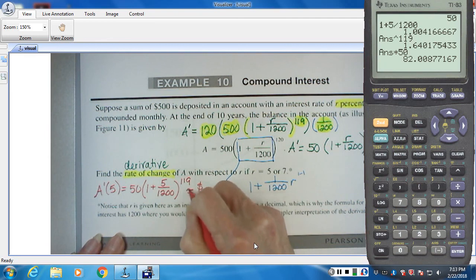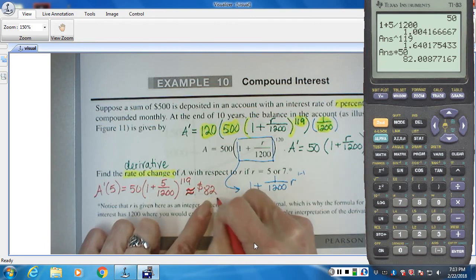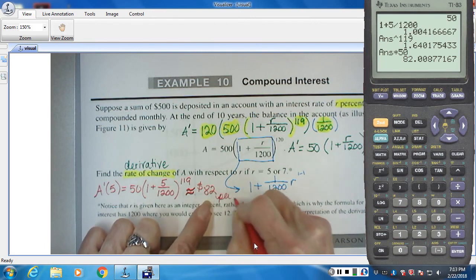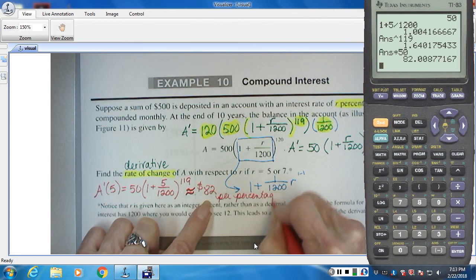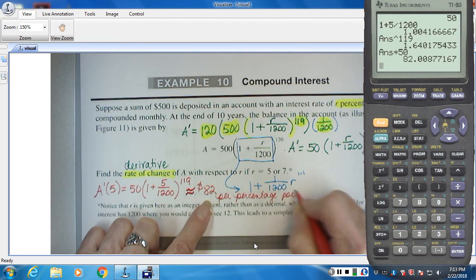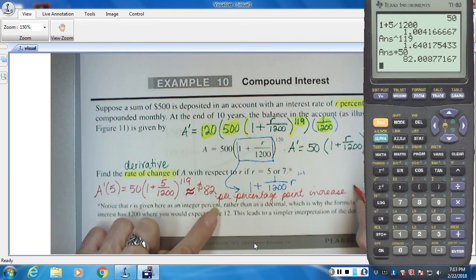And I'm going to say that's just approximately $82, and that's $82 per percentage point increase at 5%.